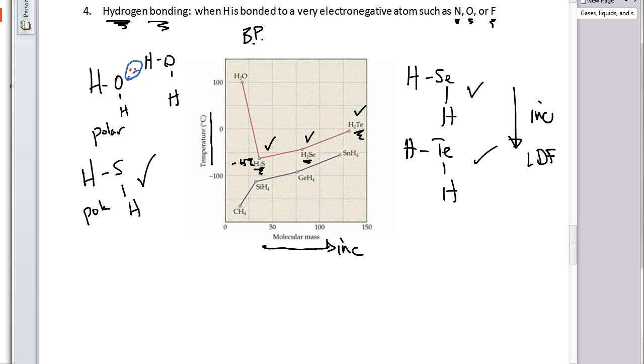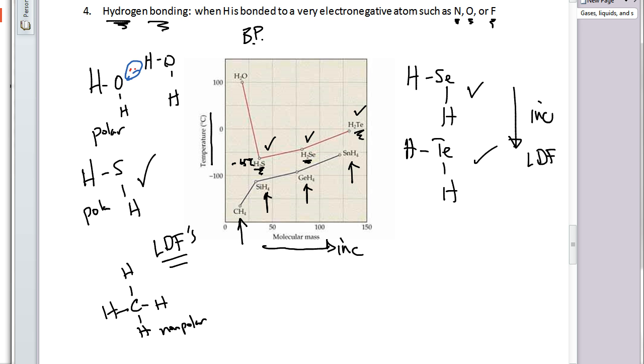Let's look at this other line here. We have methane, CH4, and then we have SiH4, GeH4, and SnH4. All of these are similar in the fact that they're all tetrahedral molecules that are nonpolar. If they're nonpolar, the only intermolecular force present for these is LDFs, London dispersion forces.